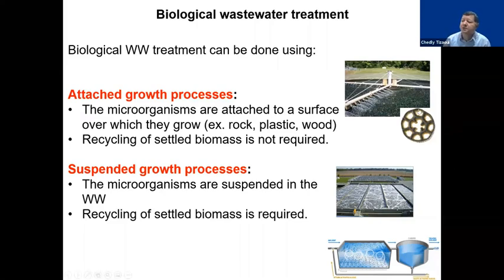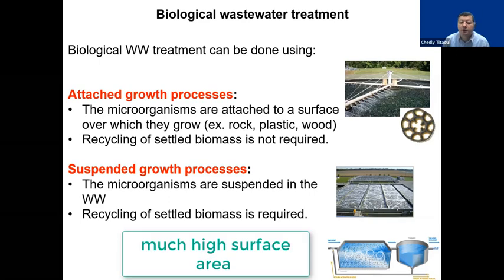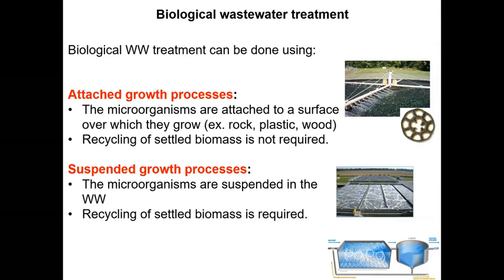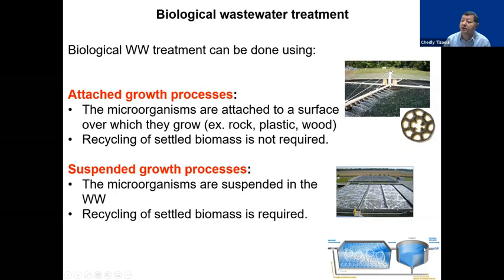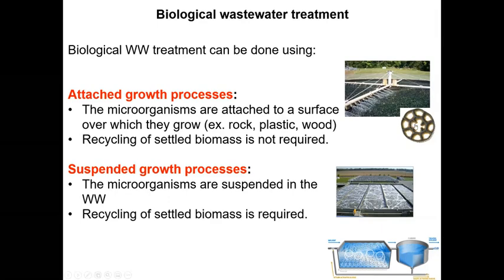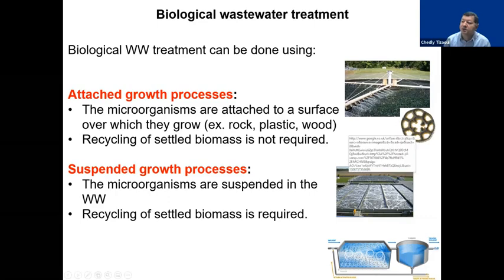What do you think is the difference between this type of technology, where you use these plastic materials, in comparison to rocks, for example? As an engineer, what would straight away come to your mind for why we need to use these plastic materials? Very good. Yeah, surface area. You can see clearly for the same volume, you will have a much higher surface area when you use this type of packing than if you have rocks.